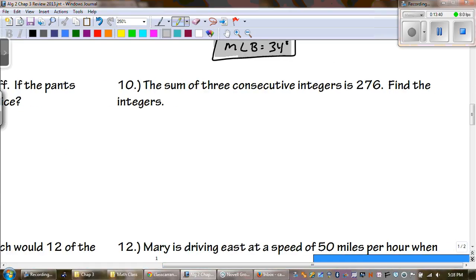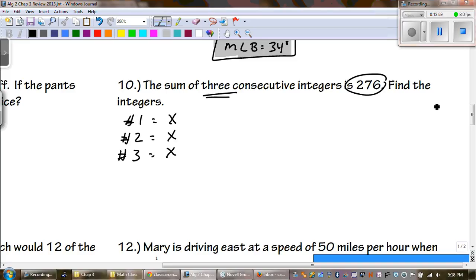Okay, number 10. It says the sum of 3 consecutive integers is 276. So we have number 1, number 2, and number 3. So we always want to use the same variable for everything. And if they're consecutive, that means they're next to each other. So we have x, x plus 1, and x plus 2.